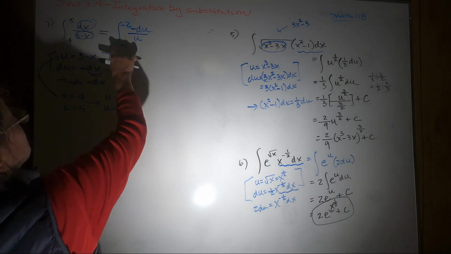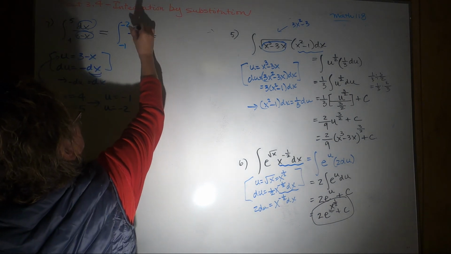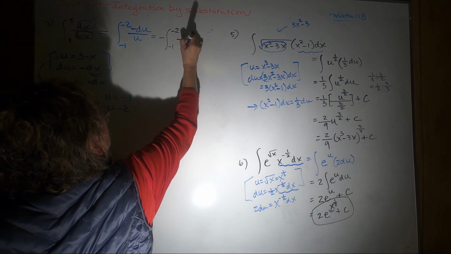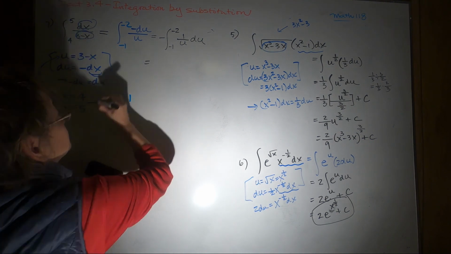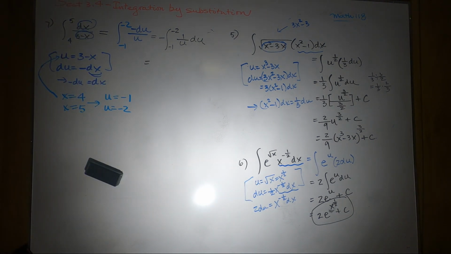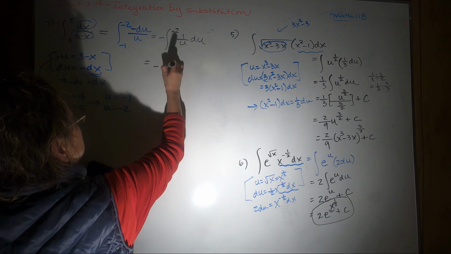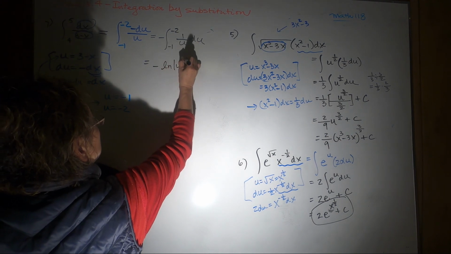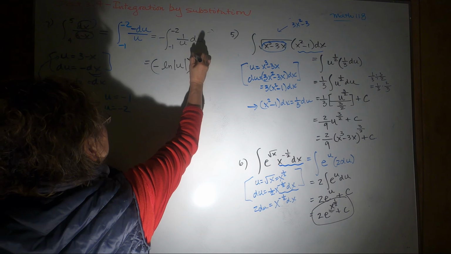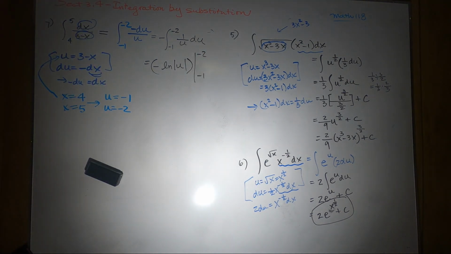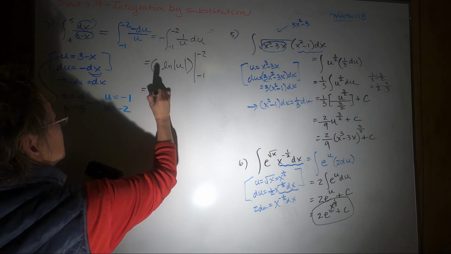So for the definite integral, we take a negative out, right? So it will be negative, from negative 1 to negative 2, 1 over u du, right? So that would be the log integral for u to the negative 1 power. So what do we have? Negative natural log of u, right? The whole thing is from negative 1 to negative 2, right? Then we find the definite integral by plugging in.